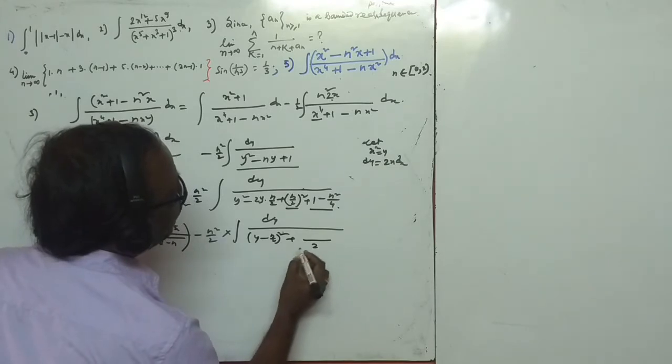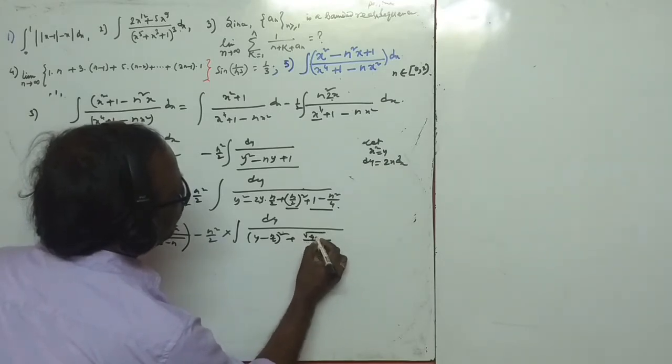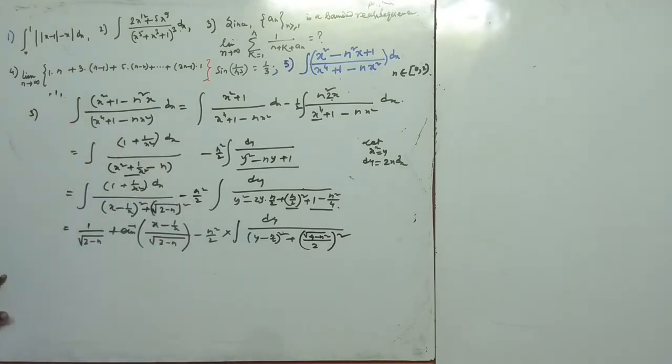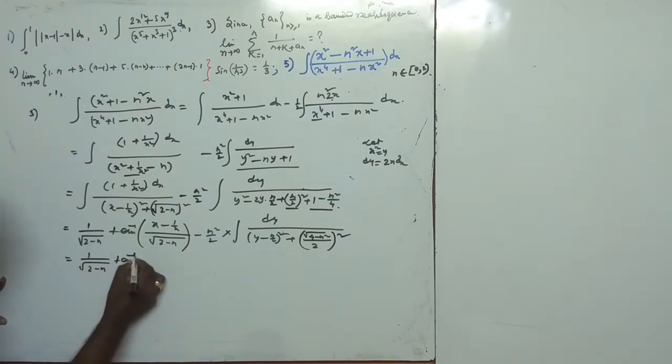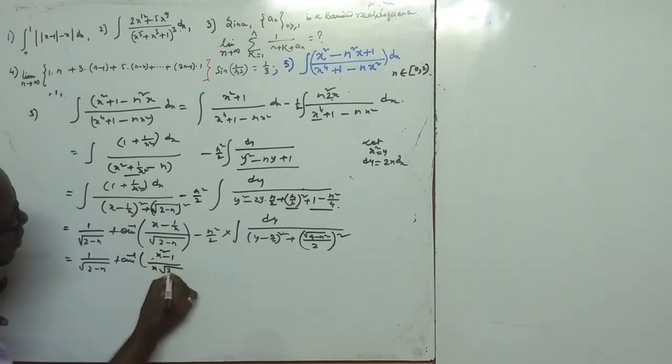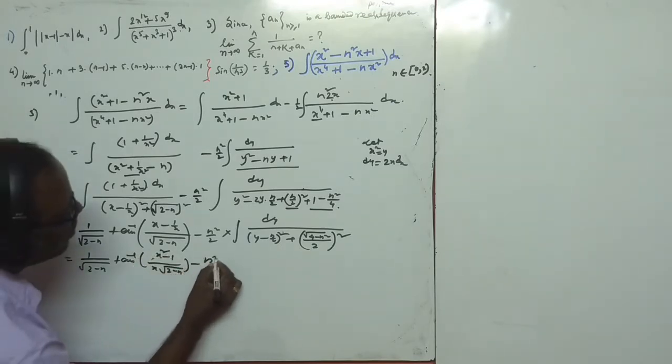Take LCM 4, and √(4 − n²) in the whole square pattern. So again we write here 1/√(2 − n) tan⁻¹ of (x² − 1)/(x√(2 − n)).